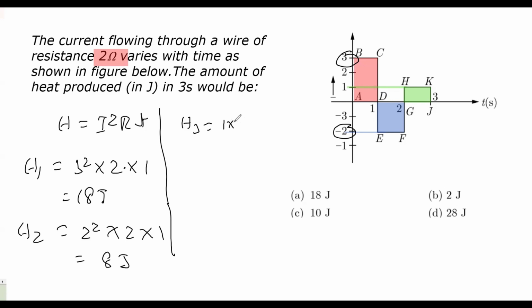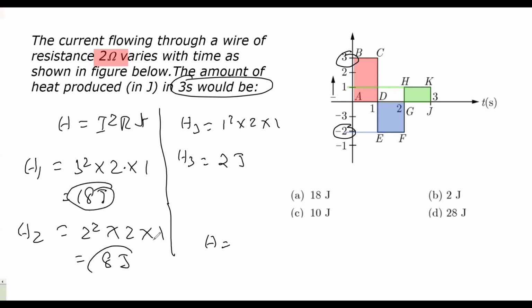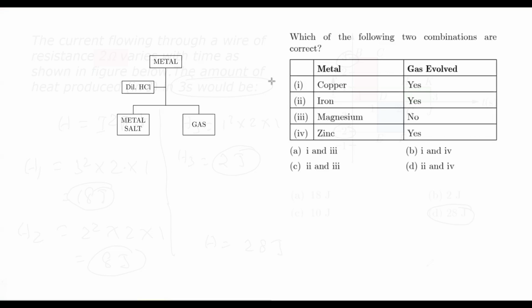So it's 1 square into resistance 2 ohm and time 1 second. So we'll say that the heat produced in this case is going to be 2 joule. Now we have to find the total heat produced in 3 seconds. So the total heat is how much? 18 plus 8 plus 2. That gives you 28 joule. So I can see that option D is correct in this case.